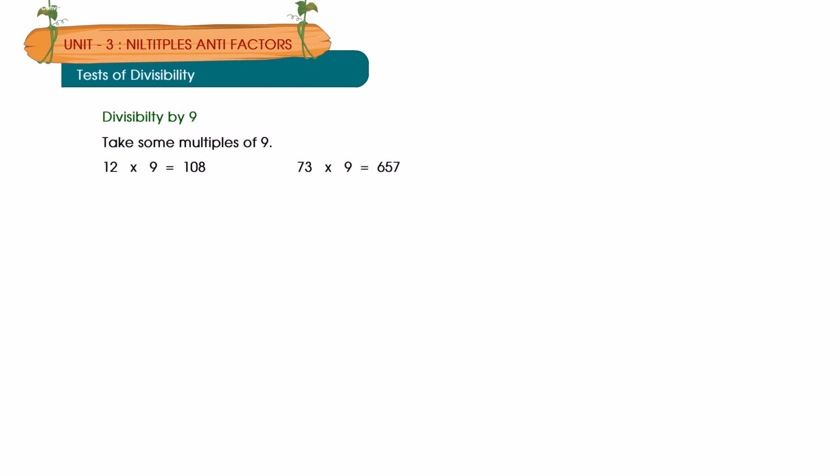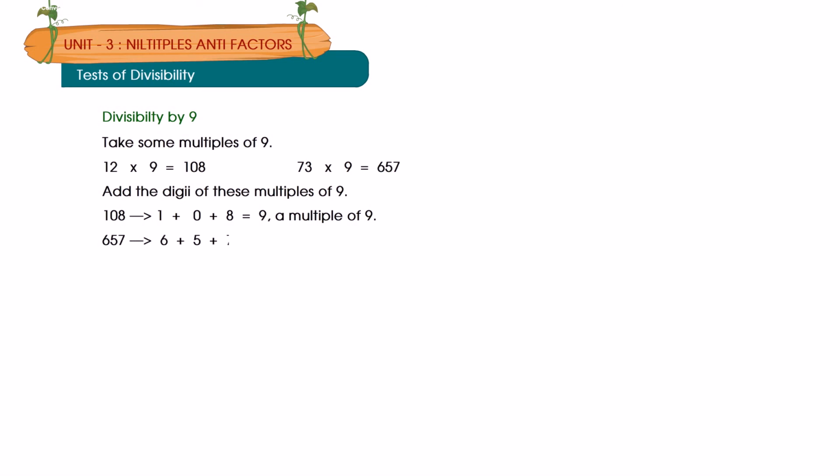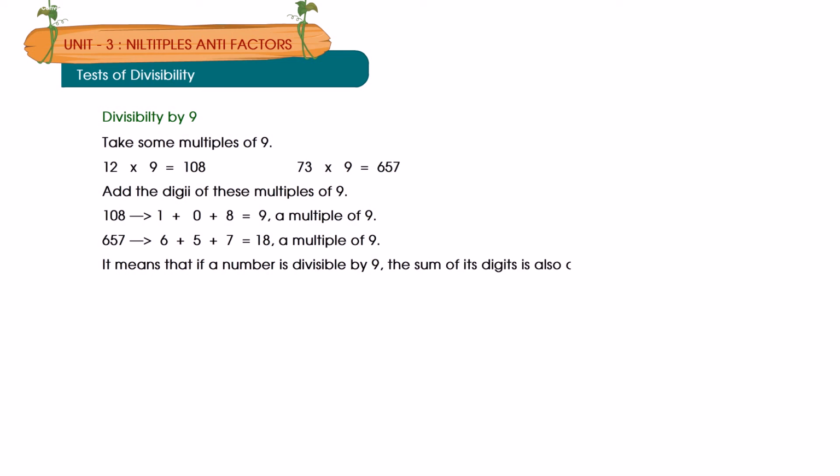Add the digits of these multiples of 9. 108: 1 plus 0 plus 8 is equal to 9, a multiple of 9. 657: 6 plus 5 plus 7 is equal to 18, a multiple of 9. It means that if a number is divisible by 9, the sum of its digits is also divisible by 9.